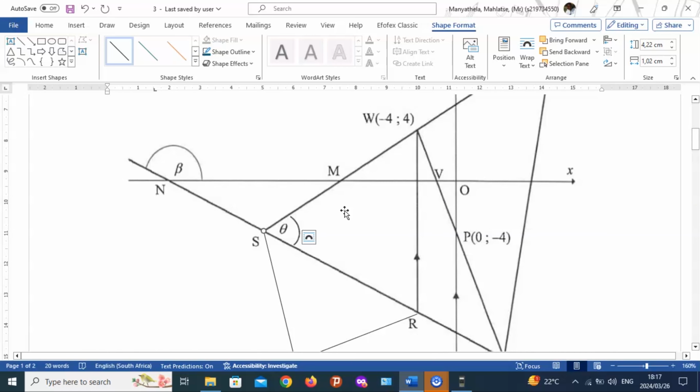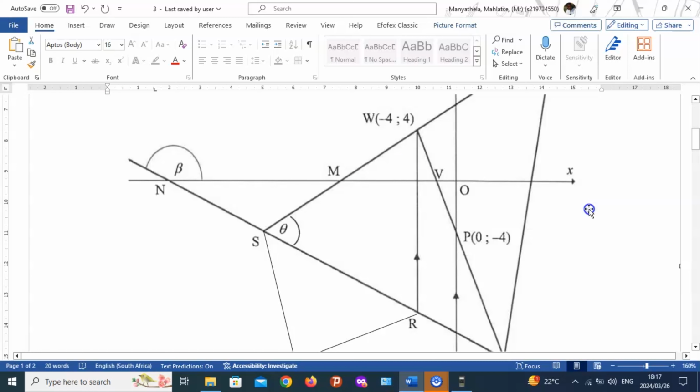Remember, if you have a parallelogram, the diagonals of a parallelogram bisect the area.